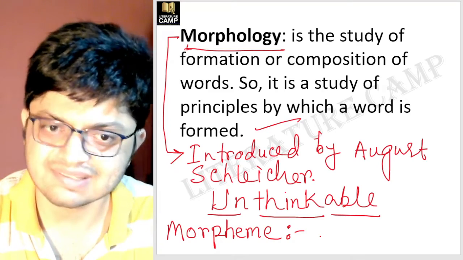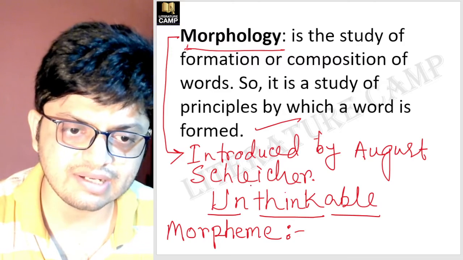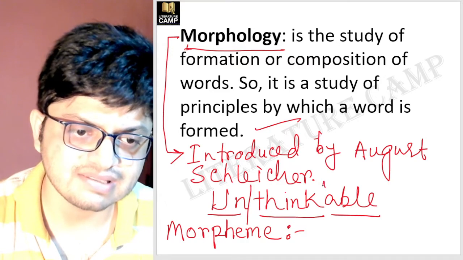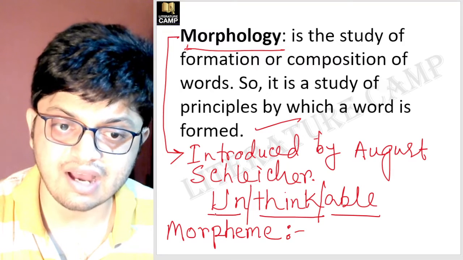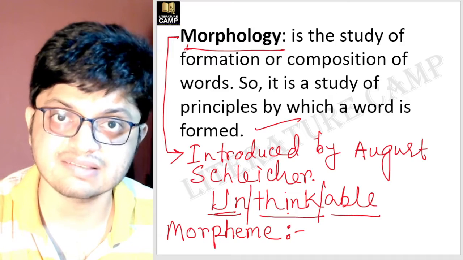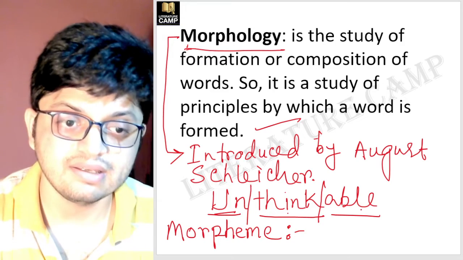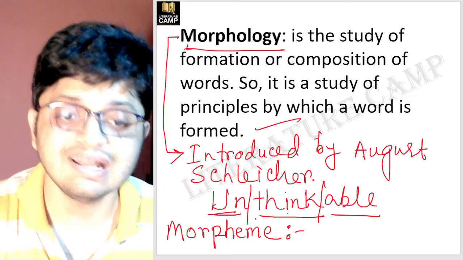Let's take the same example, unthinkable. If we break this word, we get un, think plus able, right? And each unit, un has a meaning, think has a meaning, able has a meaning.